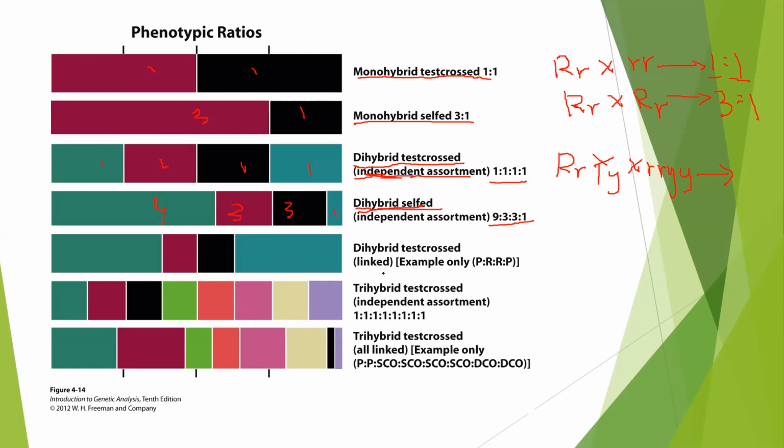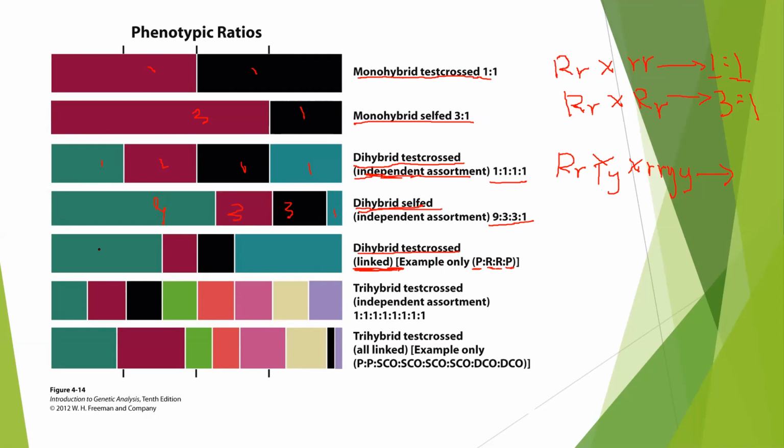All right. Let's look at the linked situation. This is different. If we talk about the dihybrid test cross, but linked, this will also give you 4 phenotype categories, right? 2 are parental type, and 2 are recombinant. Because of the linkage, you're not going to see the 1:1:1:1 ratio anymore.